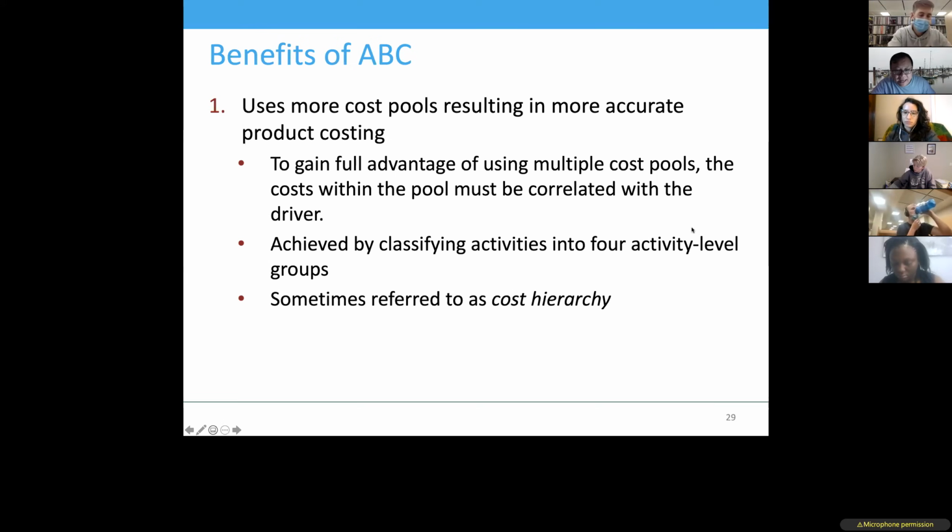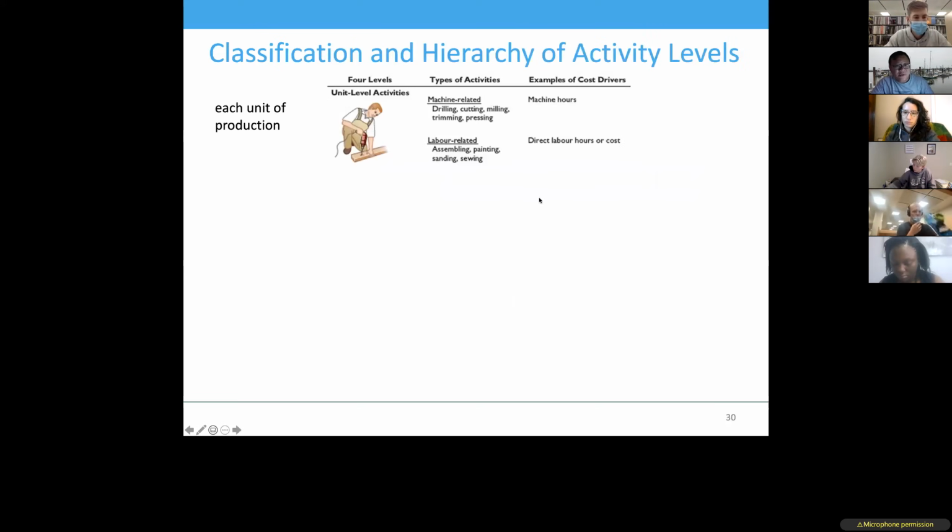So what do we mean by that? For example, the first level, the lowest level, is the unit level. This is the activity that is directly related to the product unit. For example, this carpenter is drilling a hole in the wood and trimming the board to make it.